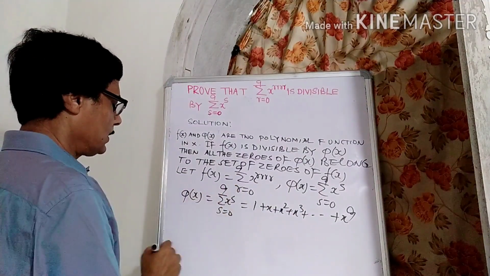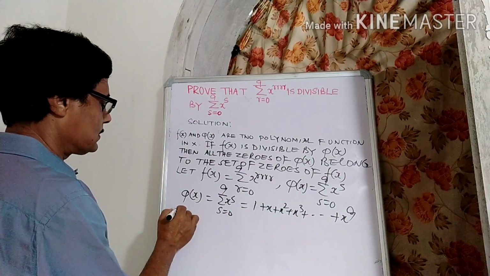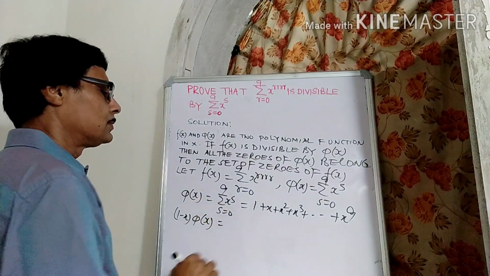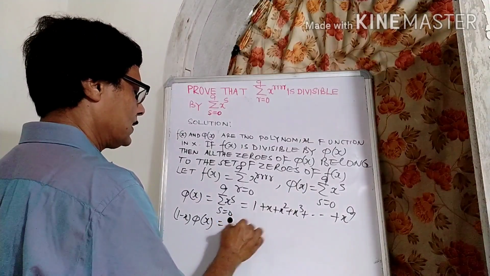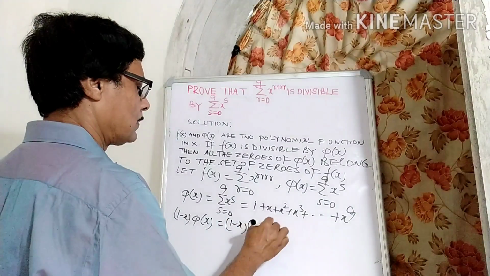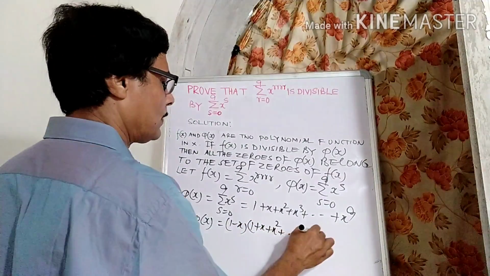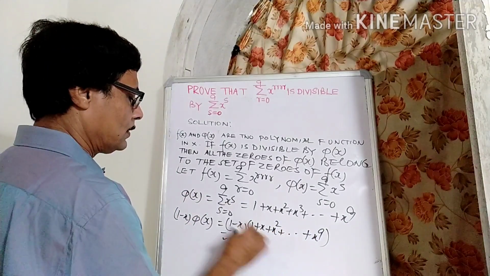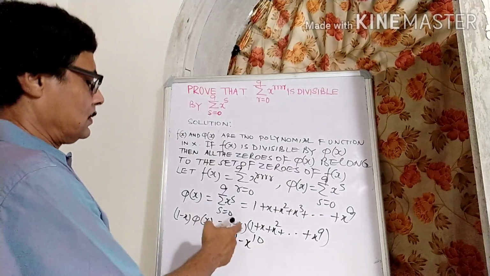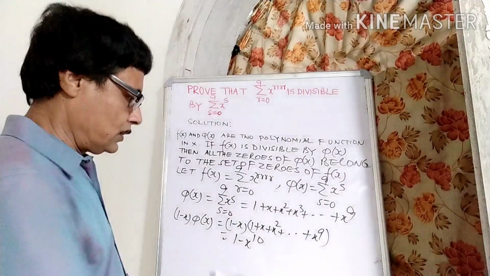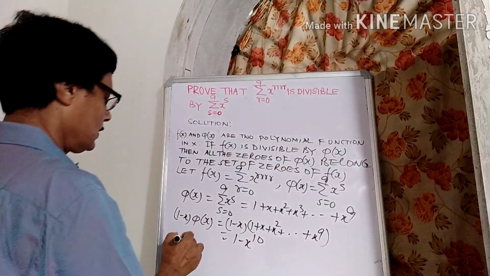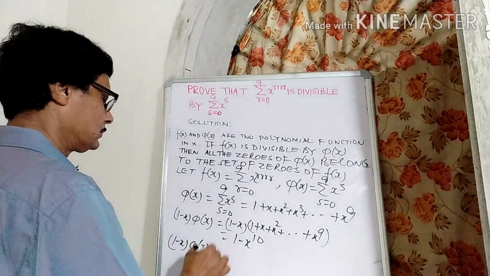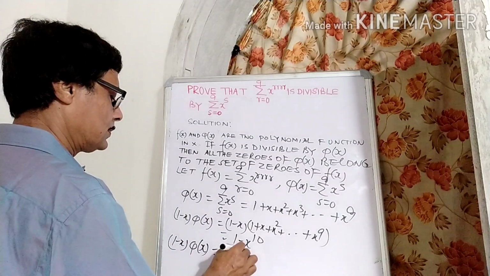Now if we multiply both sides by 1 minus x, we get 1 minus x into phi(x) equal to 1 minus x to the power 10.